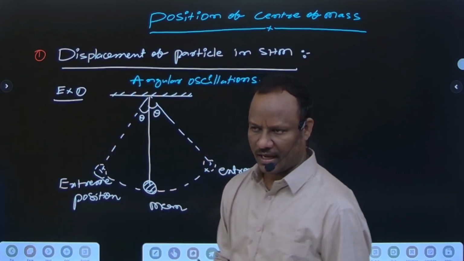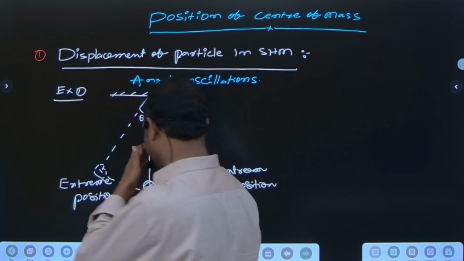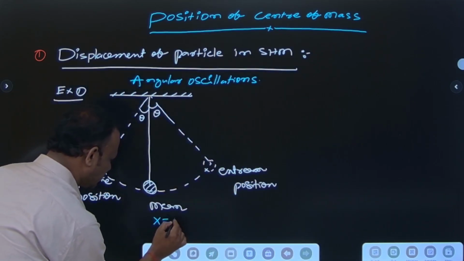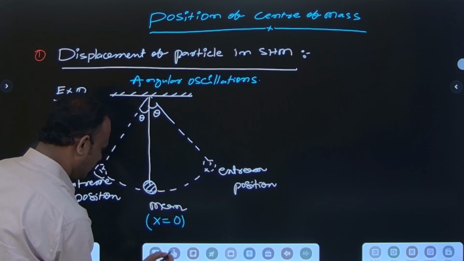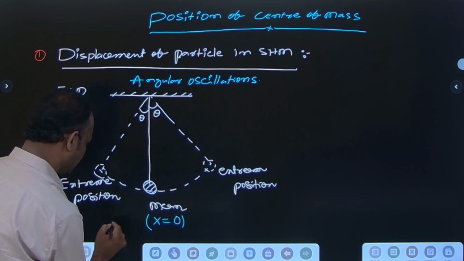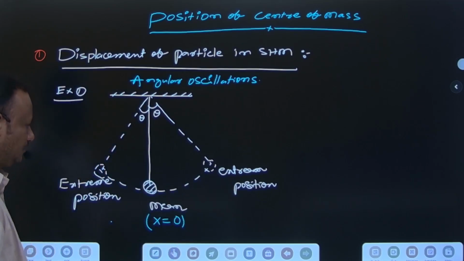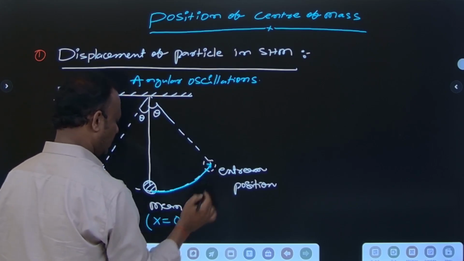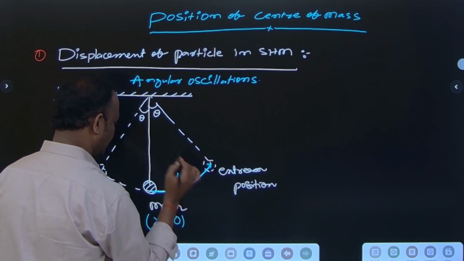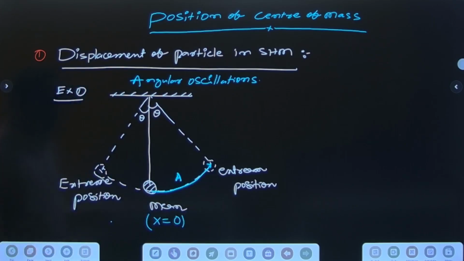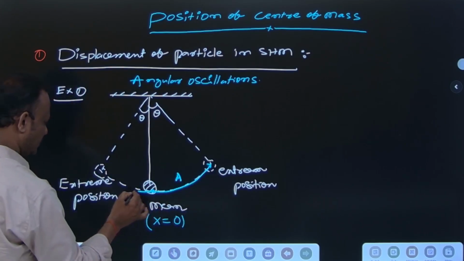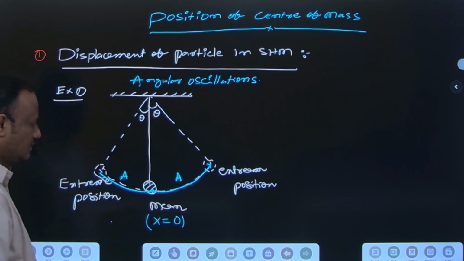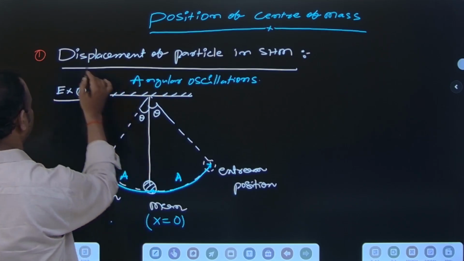In angular oscillations, the mean position we treat as x equals 0. The particle starts from the mean position, so x equals 0. The maximum displacement from the mean position is called the amplitude.